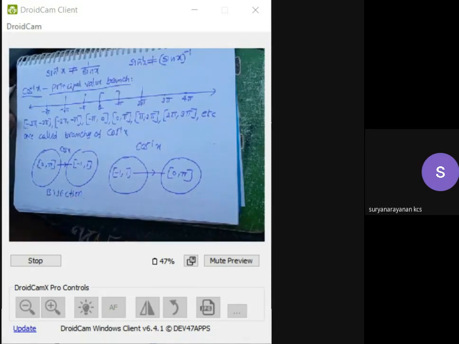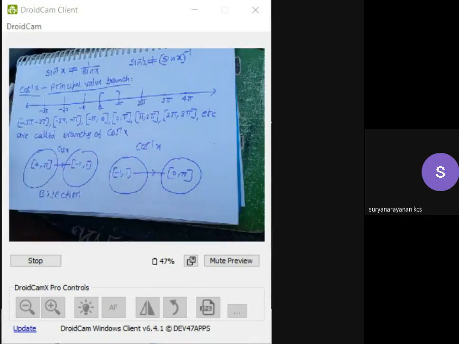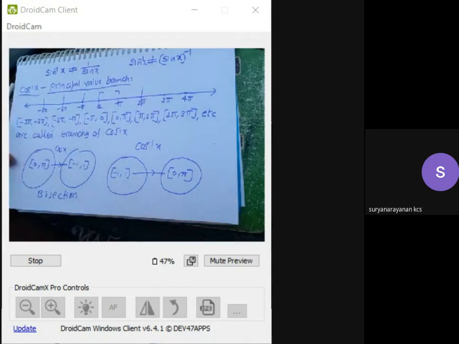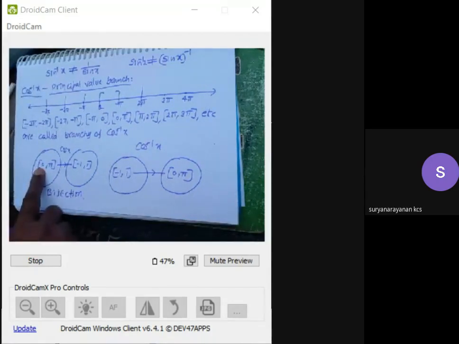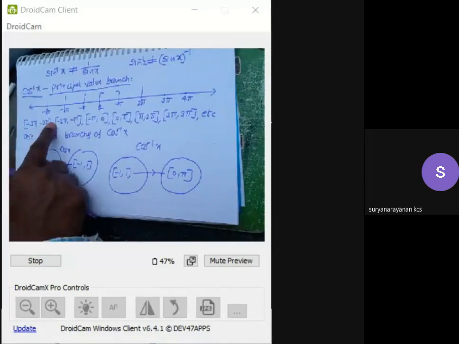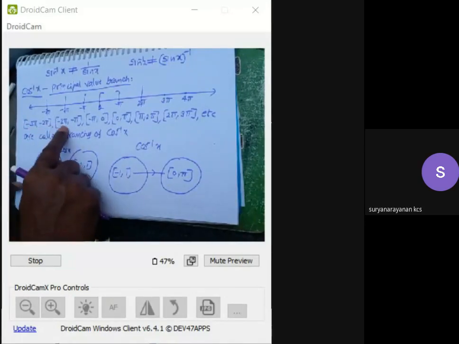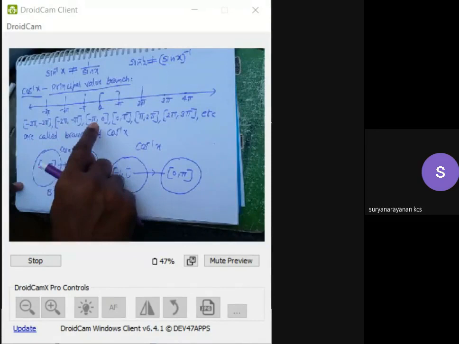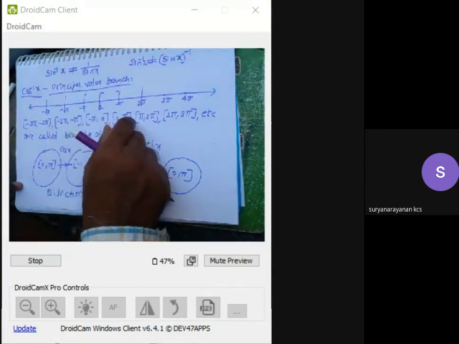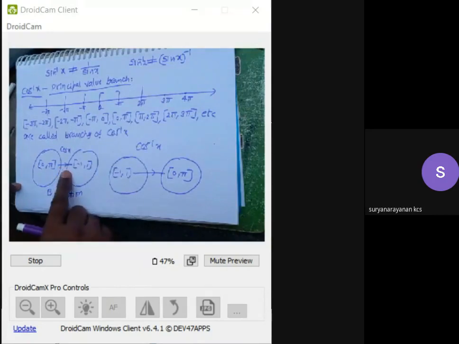We know only bijective functions are invertible. That is, we are restricting the set of real numbers into closed interval 0, pi, interval -3 pi, -2 pi, closed interval -2 pi, -pi, closed interval -pi, 0. In all these intervals, cos x is bijective. So as it is bijective in these intervals, we can find its inverse.